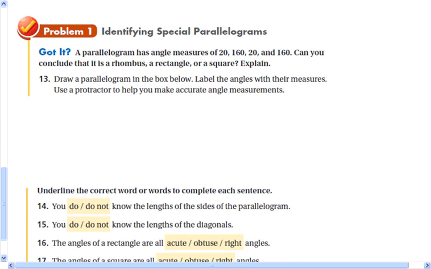All right. For number 13, it says draw a parallelogram in the box below, label the angles with their measures, use a protractor to help make accurate angle measures. If you have a protractor, you can go ahead and do that. I'm just going to make a rough sketch of this. So we need angles of 20, 160, 20, and 160. I'm just going to kind of guess there.